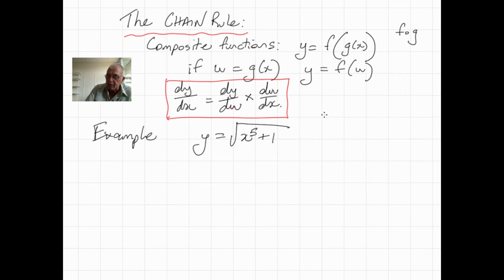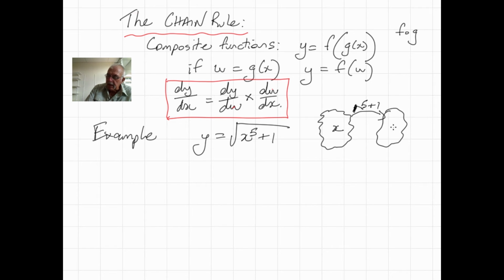If we go back to my original explanation with functions as a mapping, we've got an x, and my first function is to raise it to the power of 5 and then add 1. Get a value of x, raise it to the power of 5, and then add 1. That would map the point x onto one point.